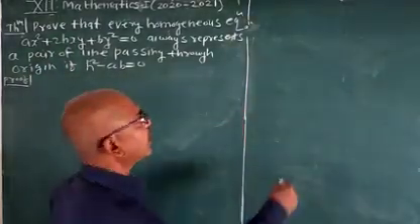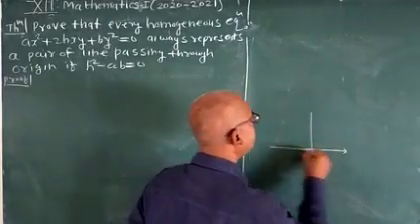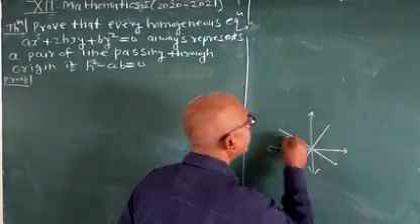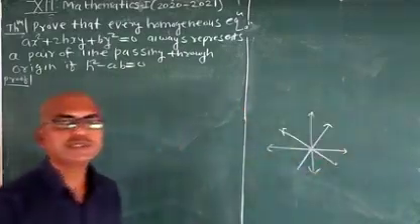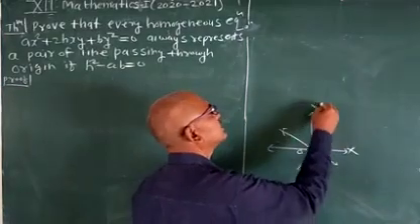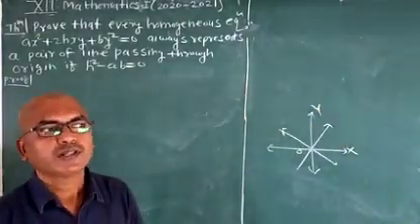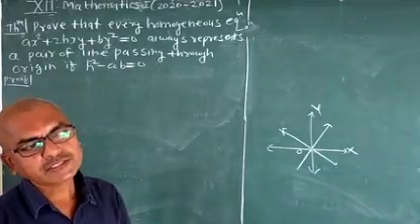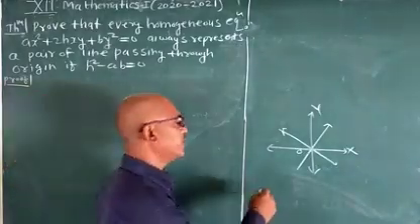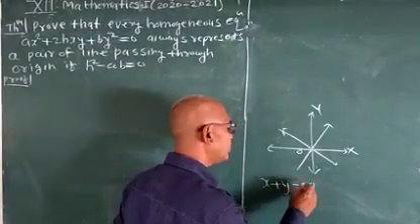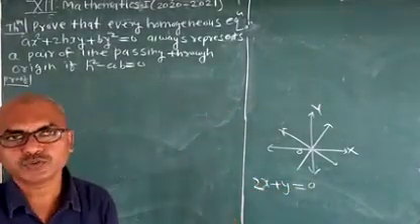Passing through origin means the line is drawn in this way: this is the x-axis, this is the y-axis, this is the line, this is the line. Any line passing through the origin, this is the origin O. How to select a line that passes through the origin? If the line has no constant term, like x plus y equal to 0, 2x plus y equal to 0.